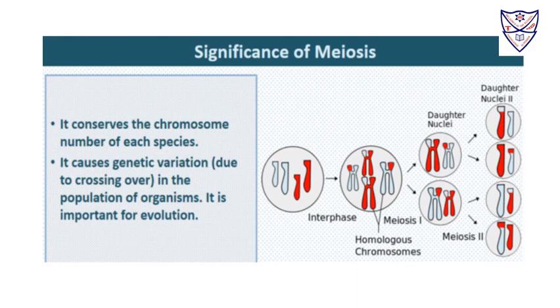As we saw, crossing over happens, so recombination happens. This is what gives variation in the population of different organisms, which is very important. Otherwise, all the organisms would look similar to each other. This is why it is very important for evolution. I hope you all understood this chapter properly. Thank you.